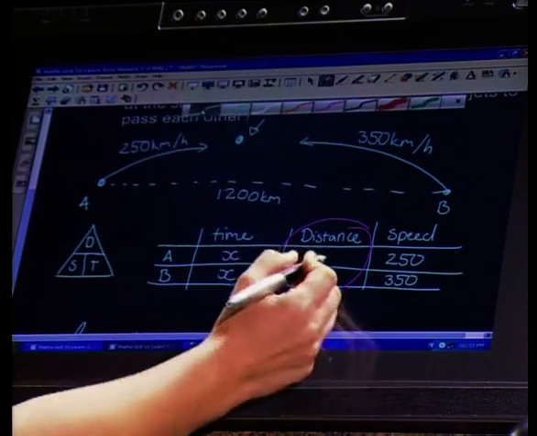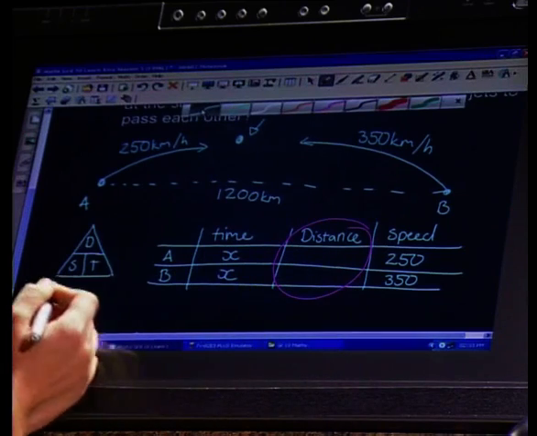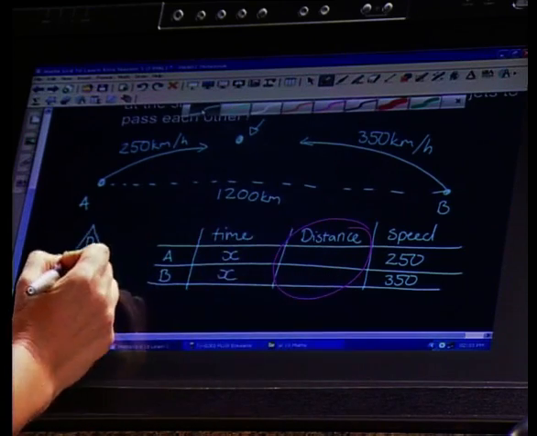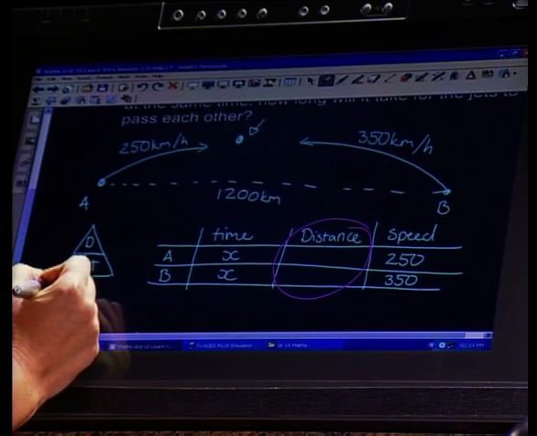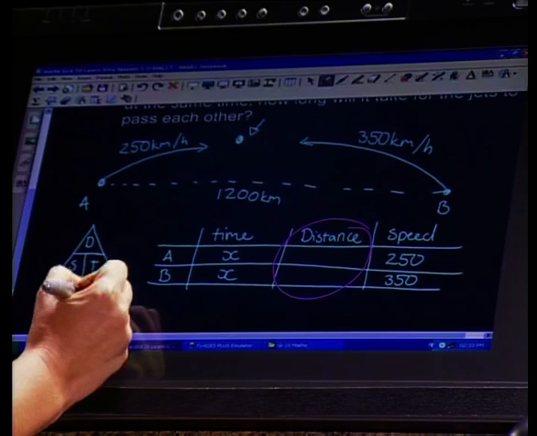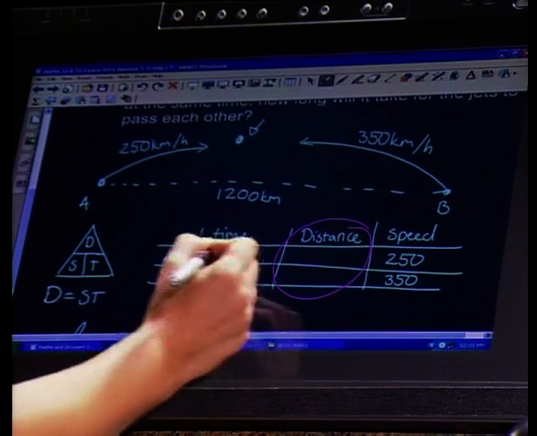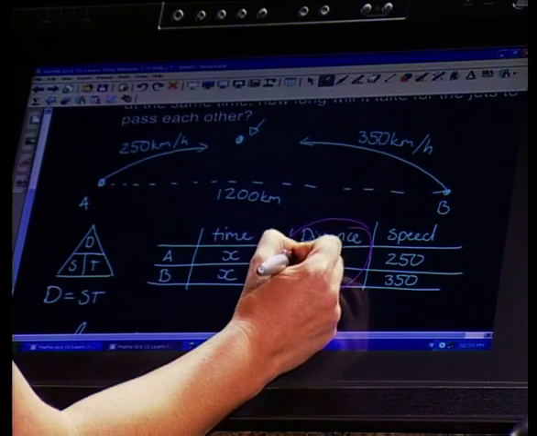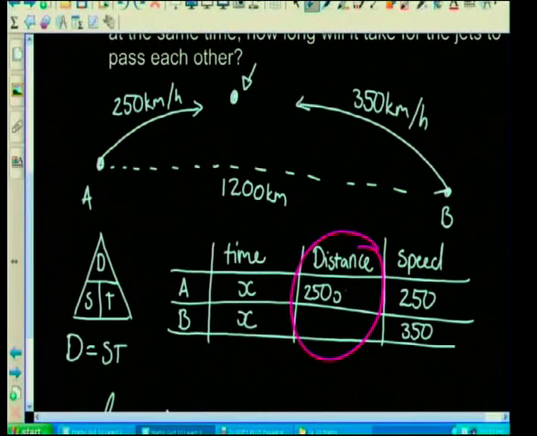You need to establish it by using the triangle. Distance is equal to speed times time, and we know this from the triangle. So distance equals speed times time. The speed is 250 kilometers, the time is x. The speed is 350 kilometers, the time is x.